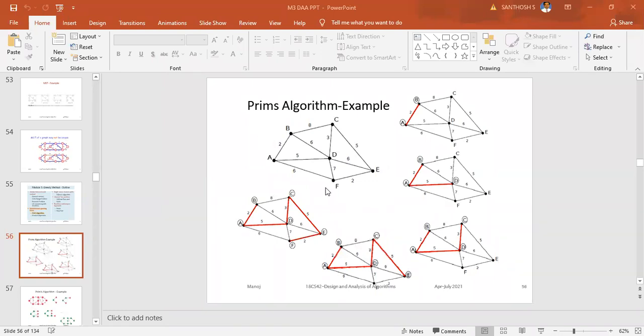From this graph, can you tell which is the source and destination node? Just seeing the nodes, you can tell which can be the source and which can be the destination.